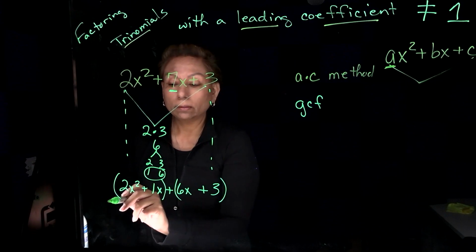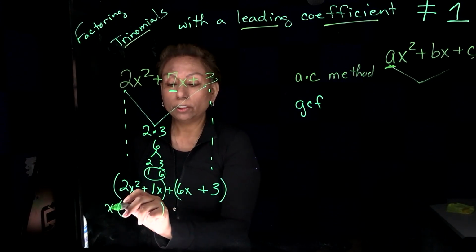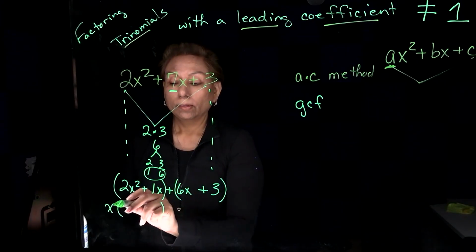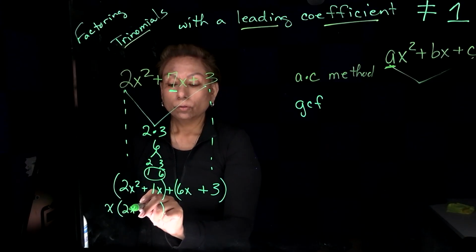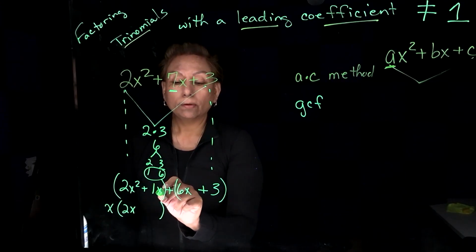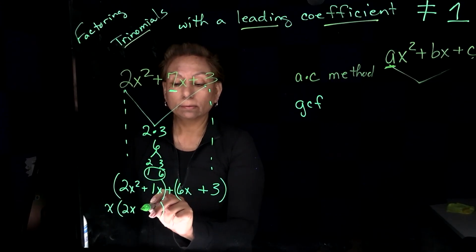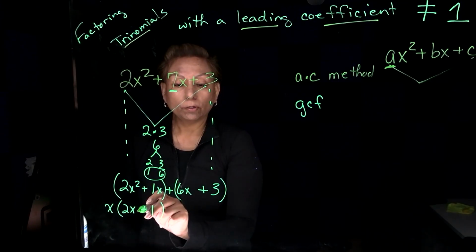I can pull out 1x. When I pull that out, what's left over? x times what? We need a 2 here, but I also need another x, so 2x is left over after I pull an x out. And what's left over when I pull an x out of the 1x? Just a 1.